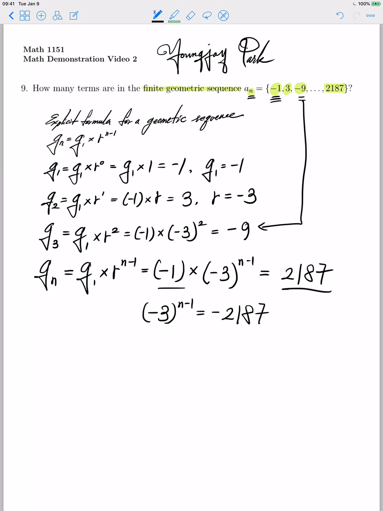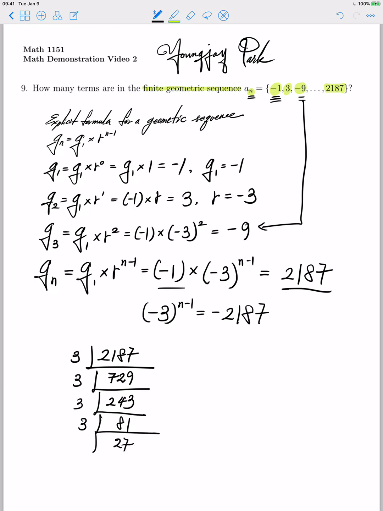Then by factorization of 2187, we can see that 2187 equals -1 times 3 to the 7th power.